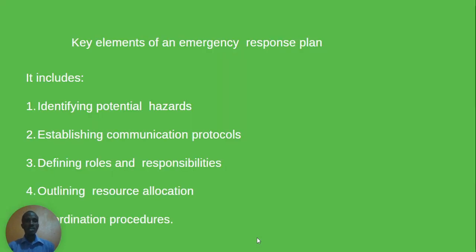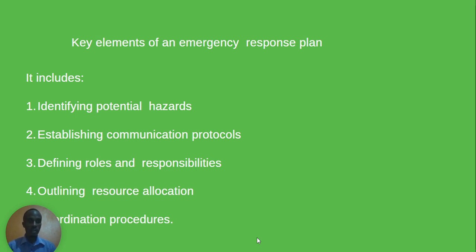The key elements of an emergency response plan include identifying the potential hazards, and we looked at how we can identify them in our previous session; establishing communication protocols, those rules and guidelines on how to communicate effectively during a disaster, to the people, to all the stakeholders, and everyone concerned in management of this disaster.